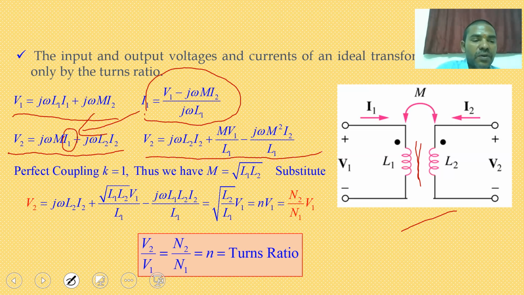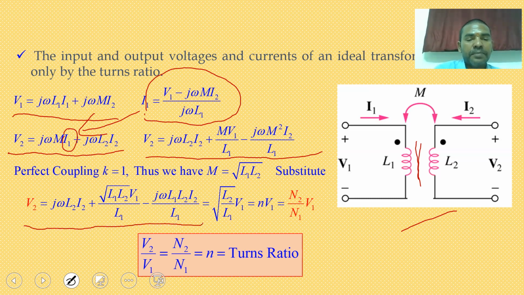V2 is equal to j omega L2 I2 plus root of L1 L2 V1 by L1 minus j omega L1 L2 I2 divided by L1. Here L1 is common in the numerator and denominator, so if you go for the cancellation, finally you get root of L2 by L1 into V1. That is equal to n into V1.